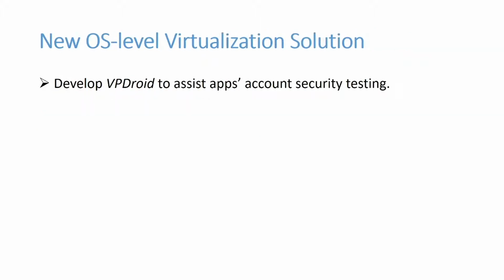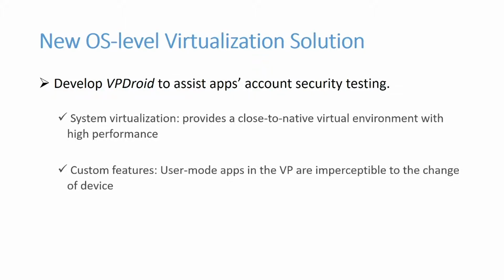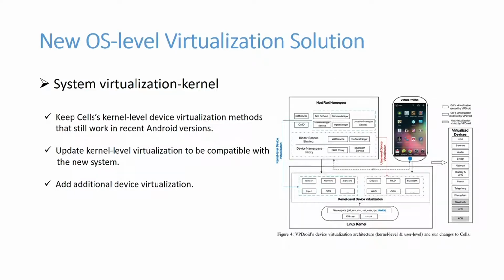We developed an OS-level solution named VPDroid to assist the apps across security settings. This includes 2 parts: system virtualization and customizing device properties. We include the virtualization of kernel and user space.